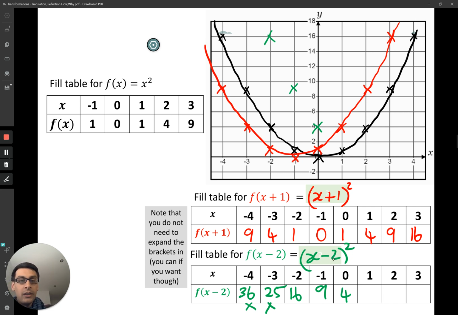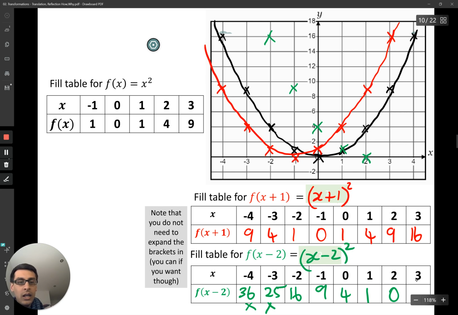Negative 1 squared is just going to be 1, so 1 goes to 1. 2 take away 2 is 0. 0 squared is just going to be 0. So it does look kind of out of place so far, but actually we're spotting that if that's the minimum point of this graph, it's going to start to go up again here.